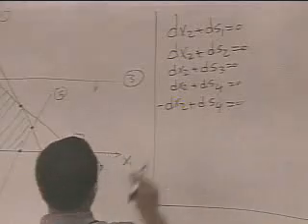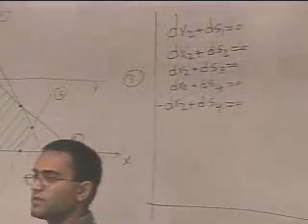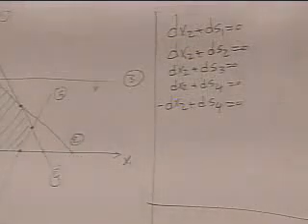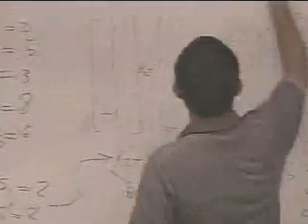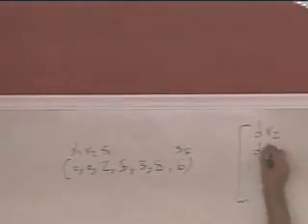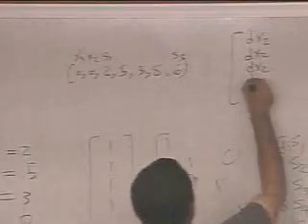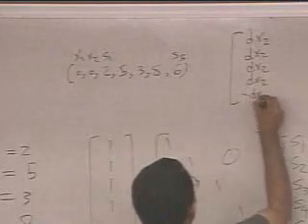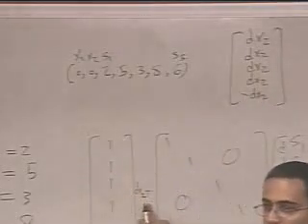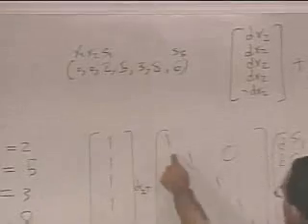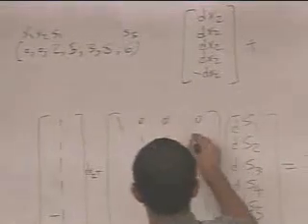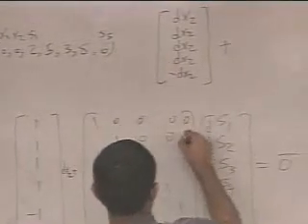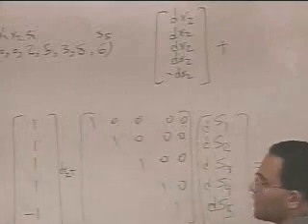Now I want to write these in a matrix format. So let's look at what's happening here. If you multiply dx by these, it would be dx2, dx2, dx2, dx2, minus dx2. This is just this vector multiplied by dx2. Now, this is the identity matrix, and everything else here is also 0.